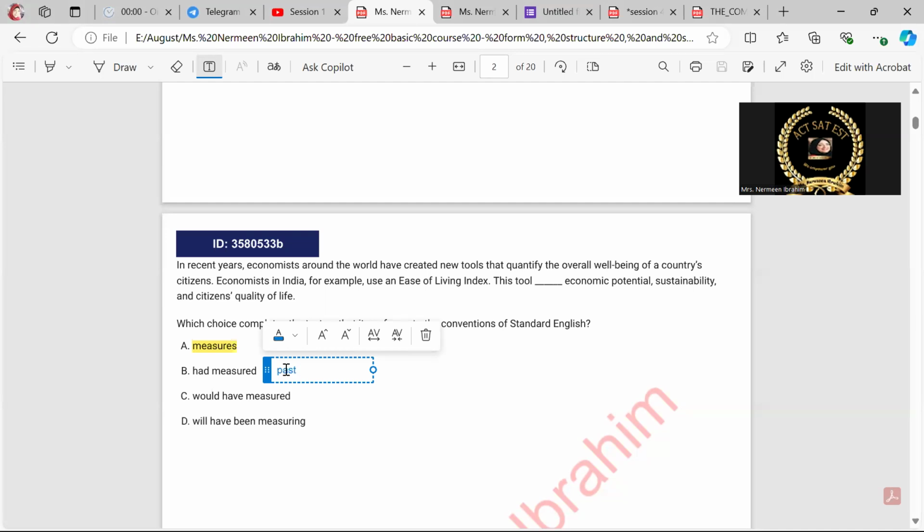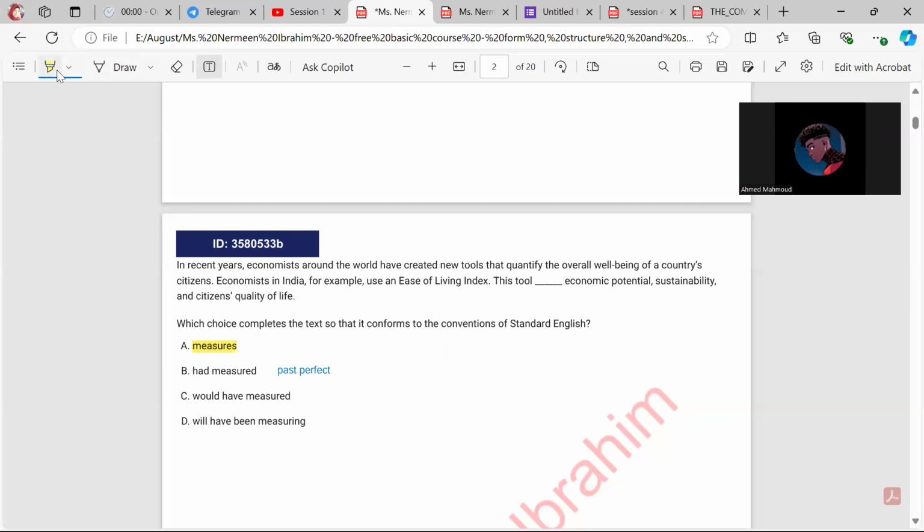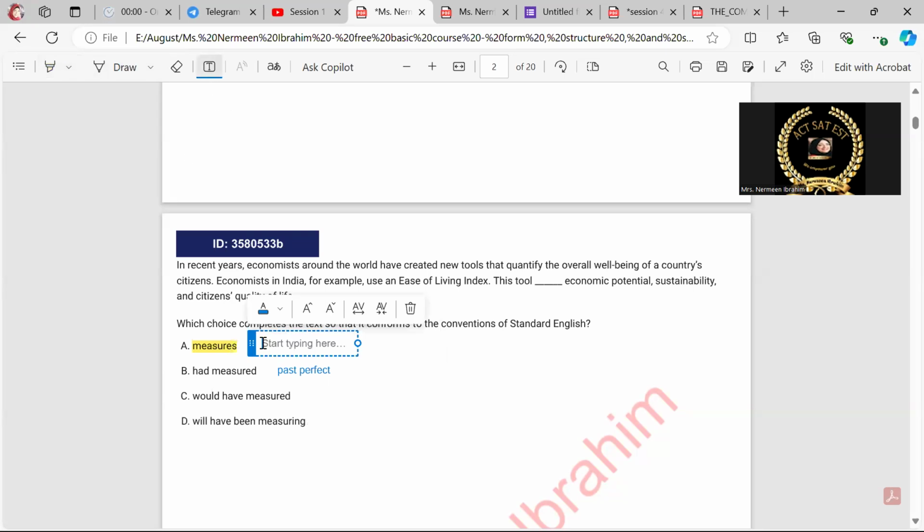And when there is a past participle, like the third form of the verb, it's gonna be called past perfect tense. Anyways, guys, it's in the past, right? Do you agree with me? Yes, it's in the past. Amazing. Right, let's read and see why the right answer is A, which is in the present tense, right? Yeah, present tense.